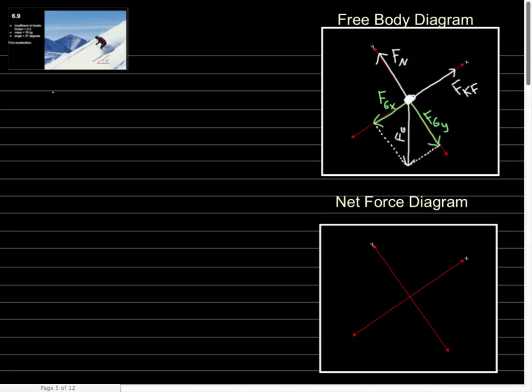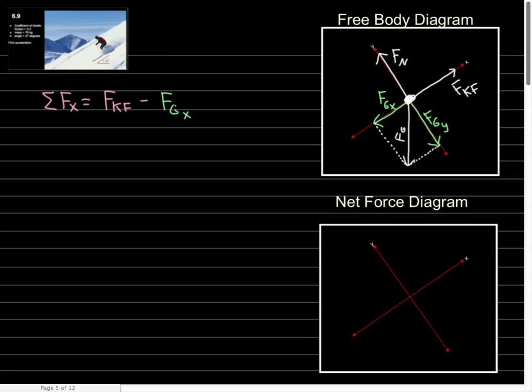So the sum of forces in the x direction is going to be unknown, and it's not going to equal 0, but it is going to equal the force of kinetic friction, which right now is unknown, minus the force of gravity in the x direction, which will be known.